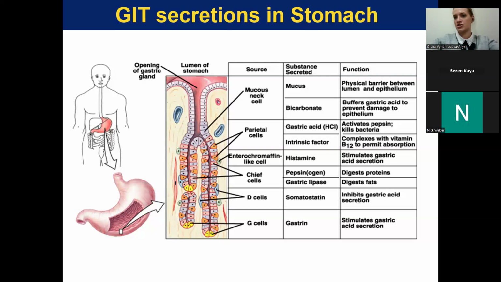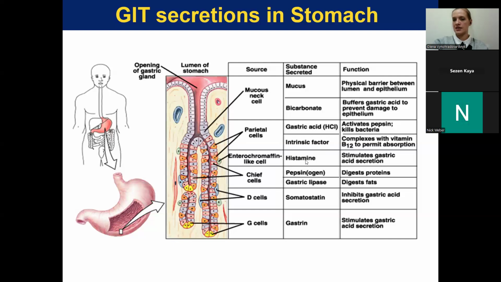Our own gastric acid, together with pepsin, can damage our gastrum walls.